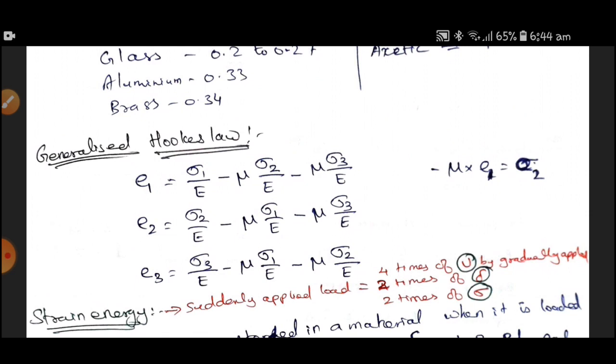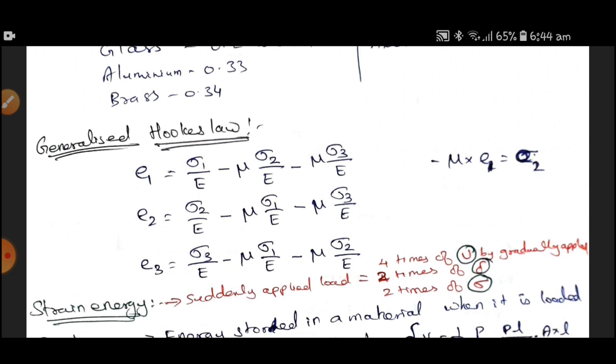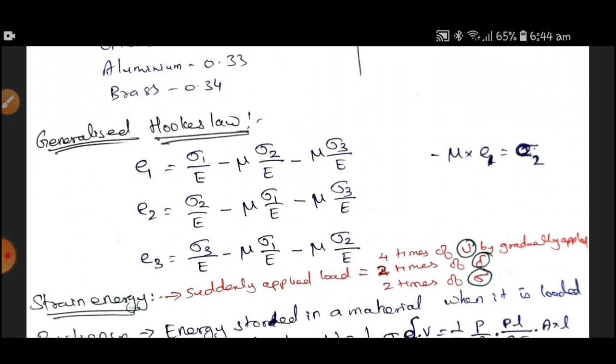Here the strain E1 is equal to sigma 1 by E minus mu into sigma 2 by E minus mu into sigma 3 by E. Likewise, E2 is equal to sigma 2 by E minus mu into sigma 1 by E minus mu into sigma 3 by E. And E3 is equal to sigma 3 by E minus mu into sigma 1 by E minus mu into sigma 2 by E. Here we have a relationship sigma 2 is equal to minus mu into E1.